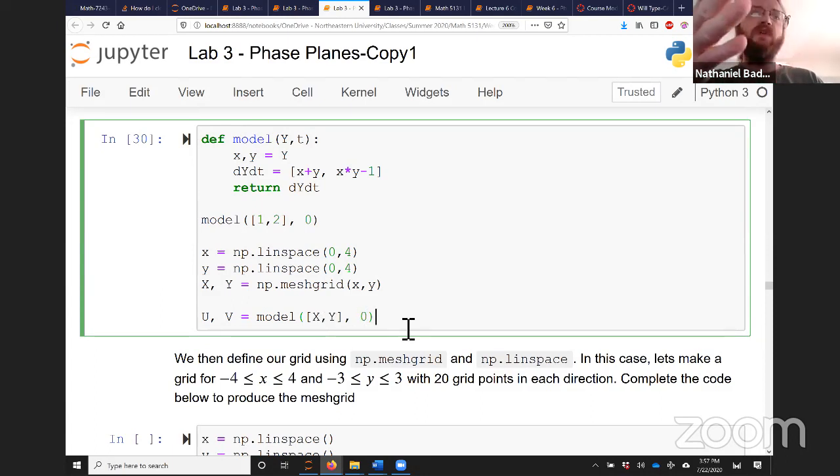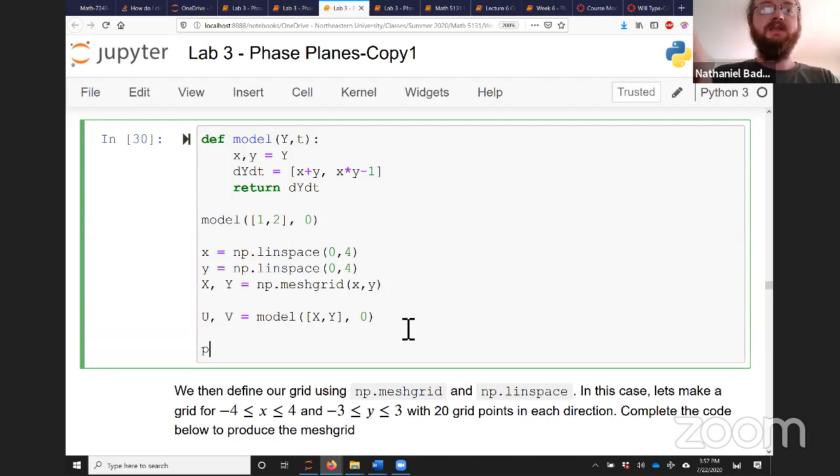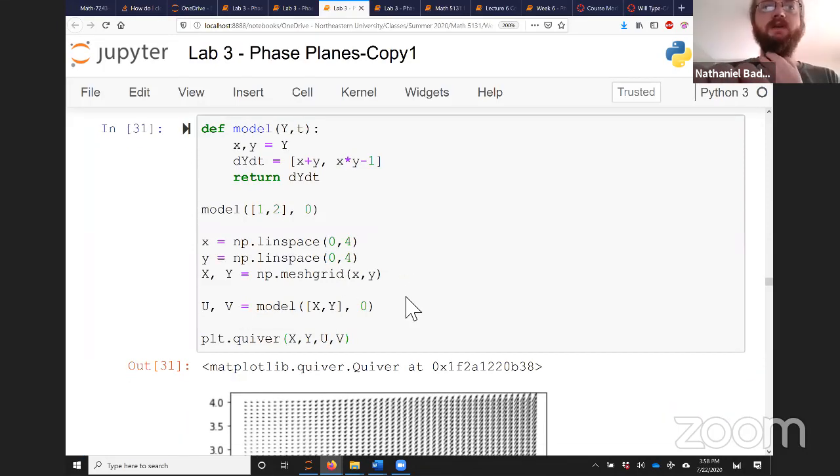It's just going to go through and do these as basically lists of elements component-wise, and then return a shaped list of U and V values. So we can plot the quiver, and there we go.